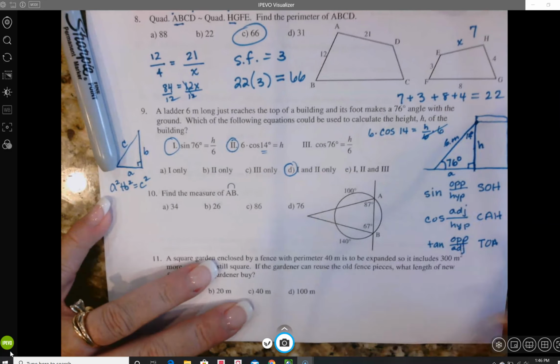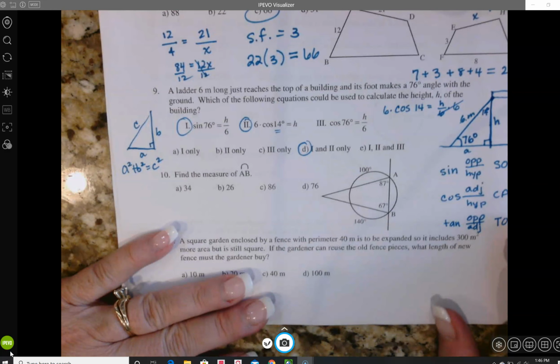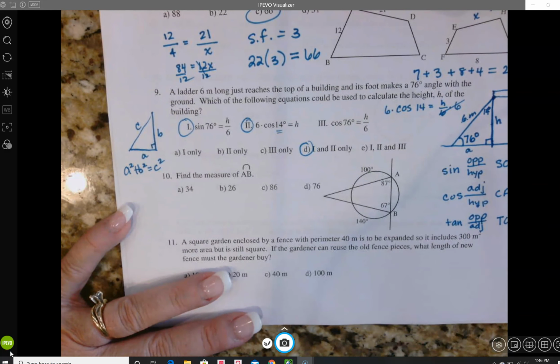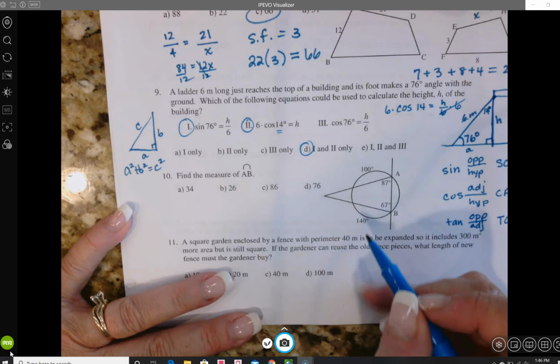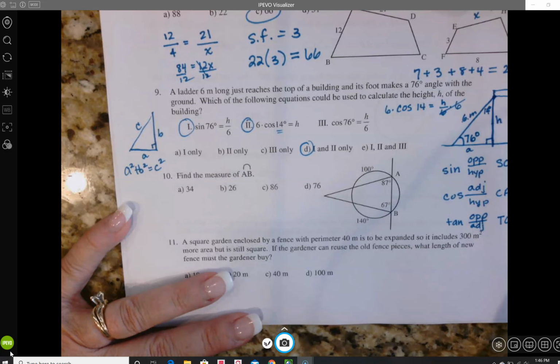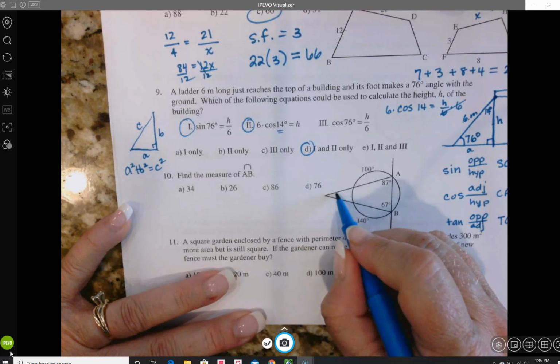The next problem is from a chapter we haven't done yet, our circles unit. So I'm just going to show you how to do it and talk about some of the different relationships inside of circles and help you find the right answer. So the first relationship you're going to use is one that you already know about, and that is the angles inside of a triangle.